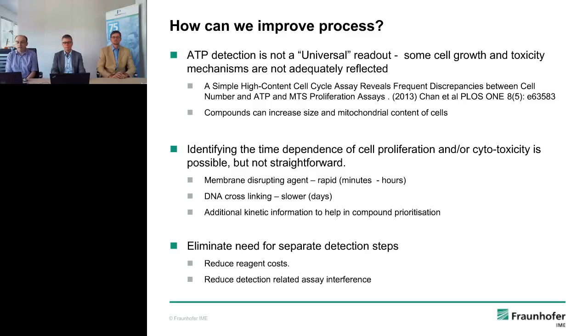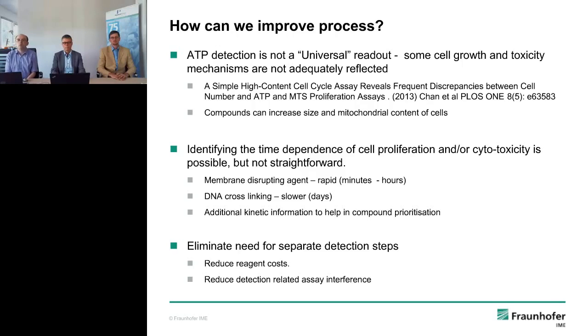These are typically DNA synthesis targeting agents such as gemcitabine and etoposide, and you're underestimating the potency and efficacy of these compounds, particularly because of the increase in mitochondrial content.